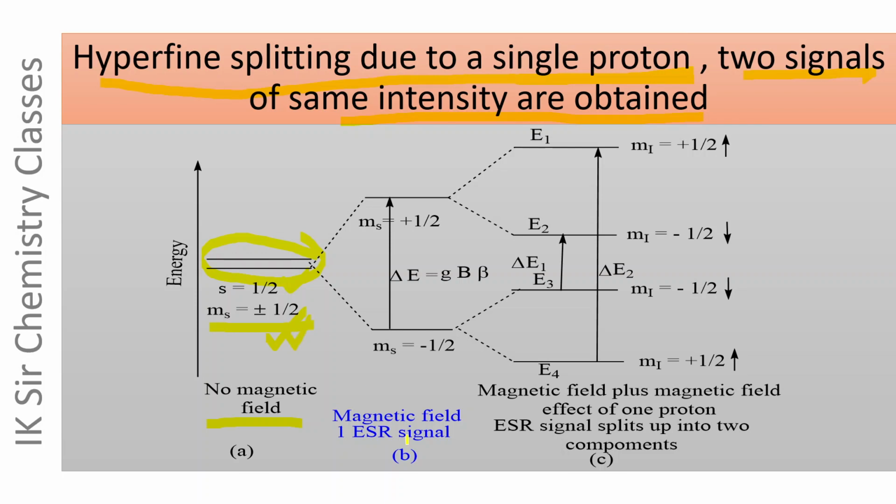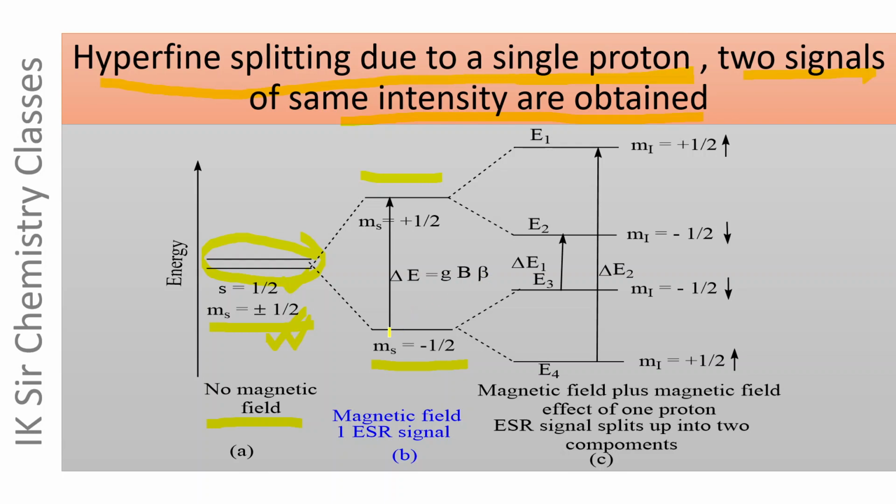But if an external magnetic field of a strength B is applied, the spin state Ms equals to minus half has lower energy, while Ms equals to plus half has higher energy, and the energy difference between these two spin states of electron is G beta B.